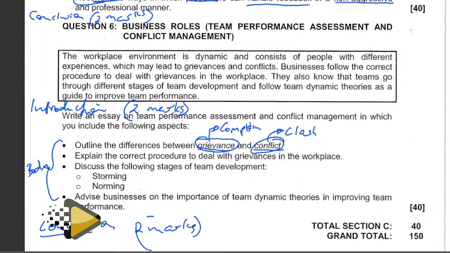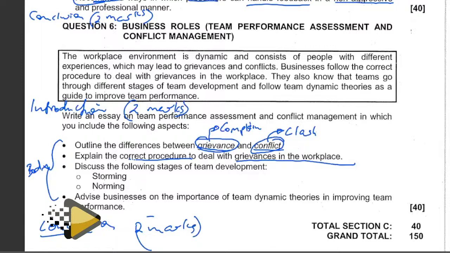So now let's move on to the next bullet, where we have to explain the correct measures to deal with grievance at the workplace. How best are you going to deal with grievance at the workplace? Elaborate on the meaning of grievance, so that your employer can have a clear basis of what you are saying. What is your problem?